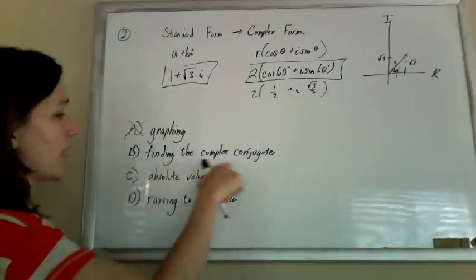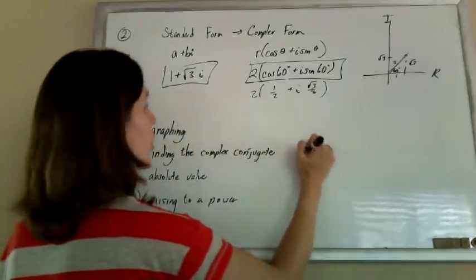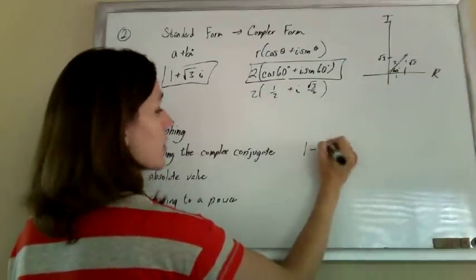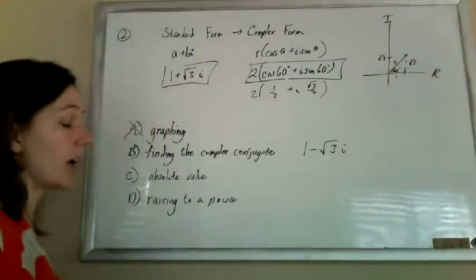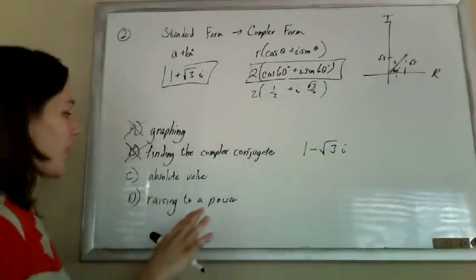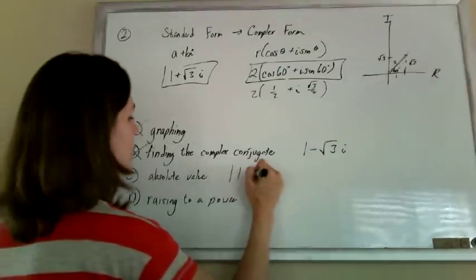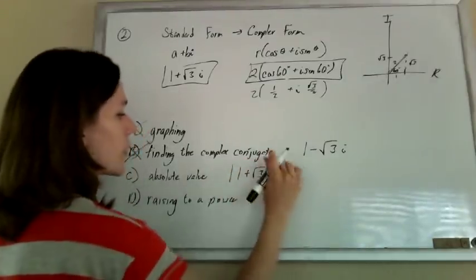For part B, finding the complex conjugate, I can do that in standard form, no problem. The complex conjugate of 1 plus root 3i is 1 minus root 3i. No need to convert to that wacky form for that. Finding the absolute value, don't need to convert to do that either.